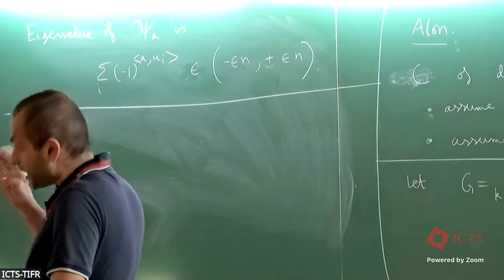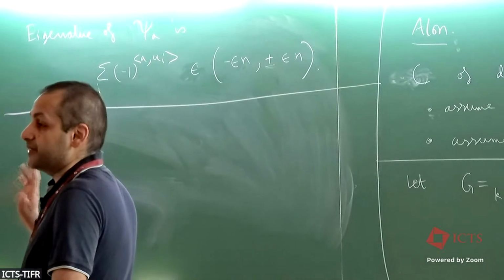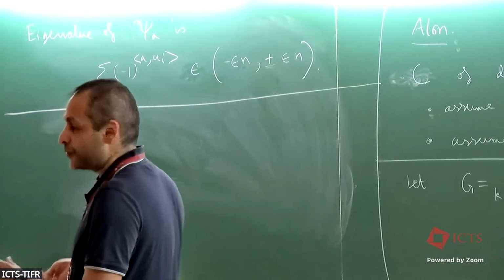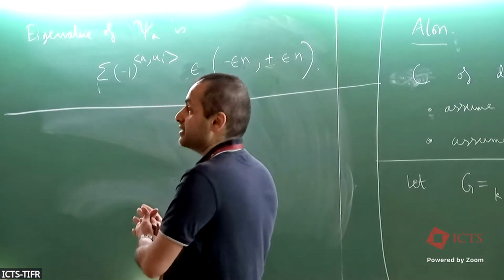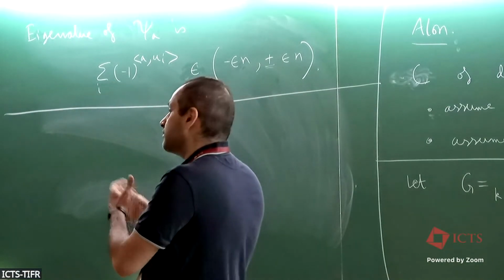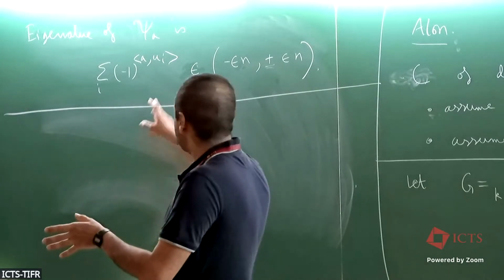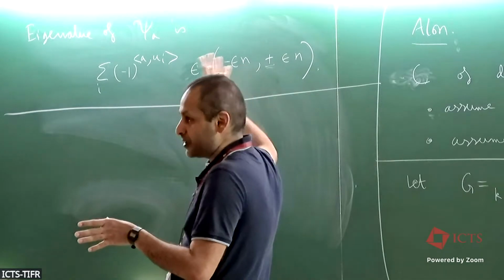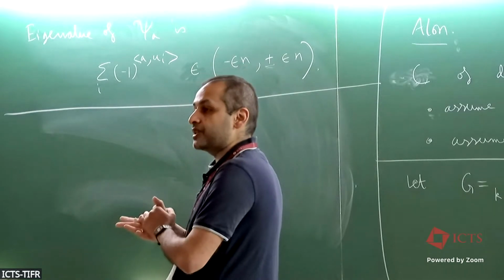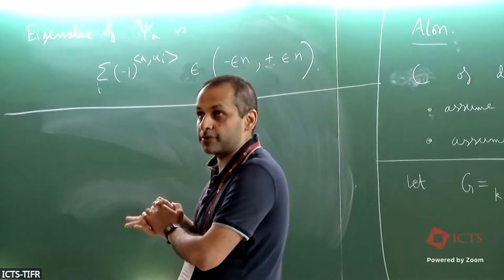Yes, so we want to show the rate is small, which is the same as n is big. Or if you have a Cayley graph of F2 to the k which has degree n and has eigenvalues at most epsilon in absolute value, then we want to show that n must be big. It cannot be too small.